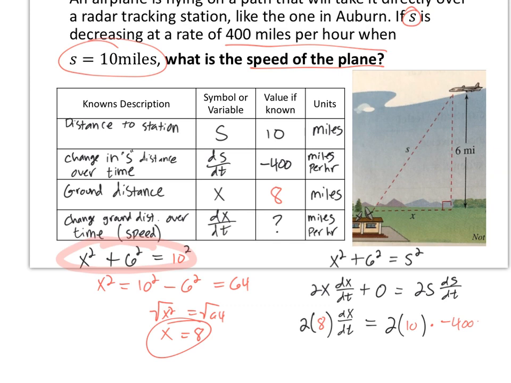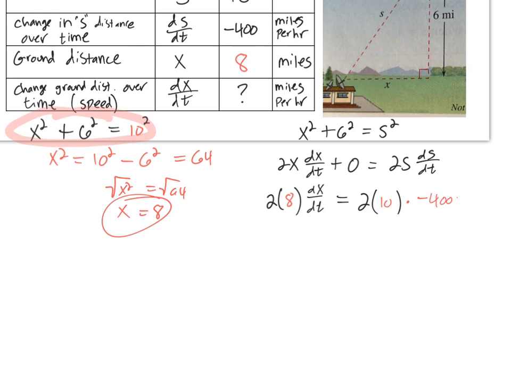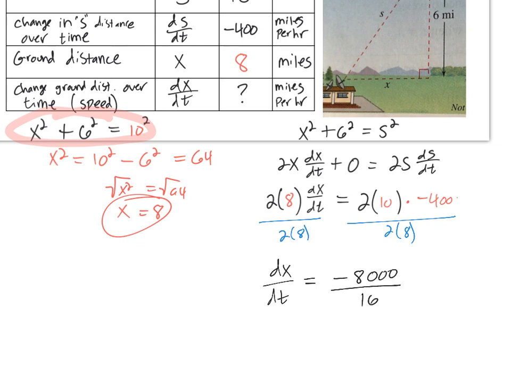And now it's just a matter of solving for dx/dt. I'm just going to divide both sides by 2 times 8, that's 16. And dx/dt, the ground speed over time, is changing at 2 times 10 times negative 400, so that's 20 times negative 400, which is negative 8,000, over 8 times 2, which is 16.